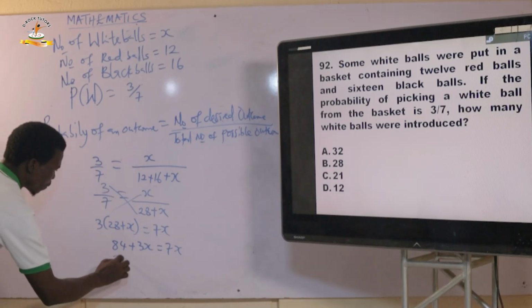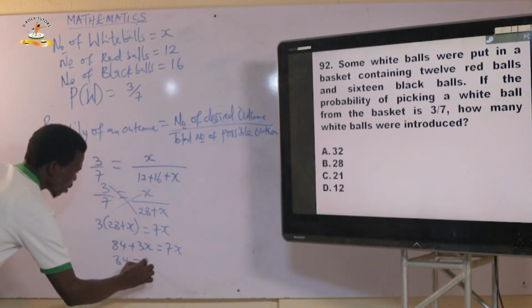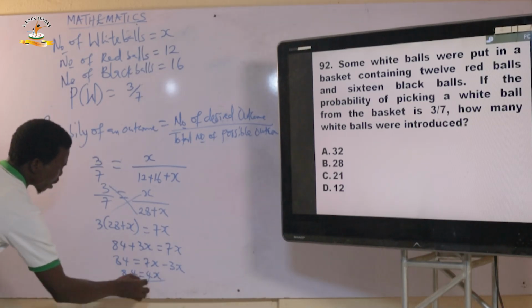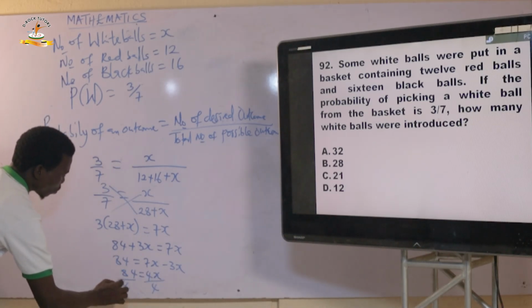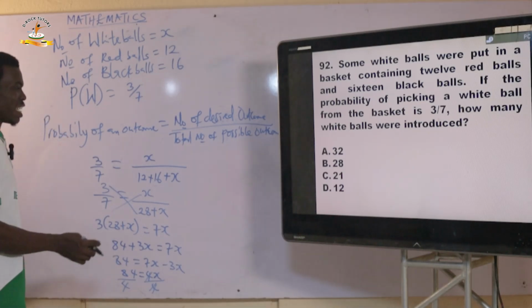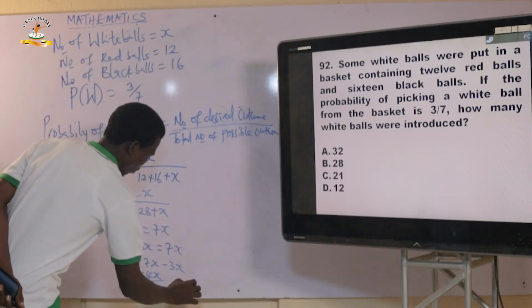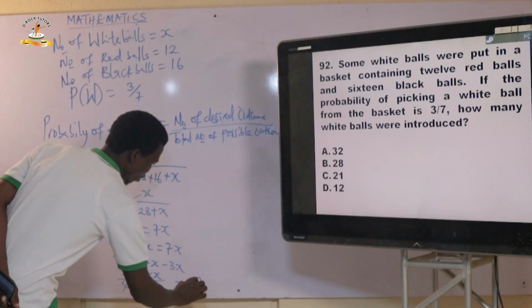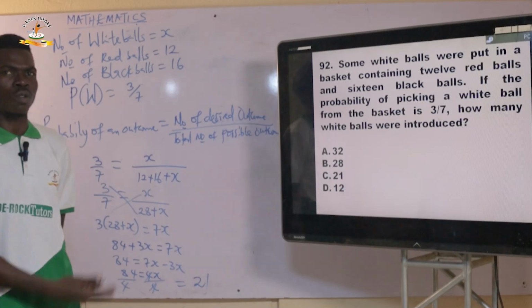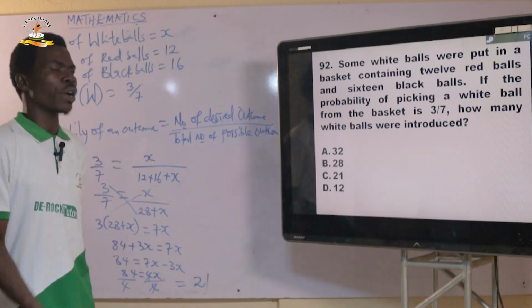So 84 equals 7X minus 3X, that is 84 equals 4X. We divide both sides by 4, and we have X equals 21. So C is our correct option, and we have 21 white balls that were introduced.